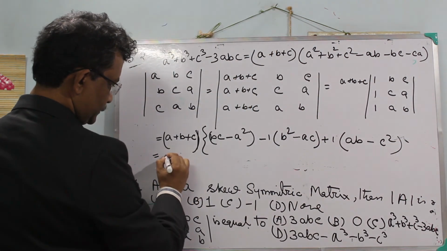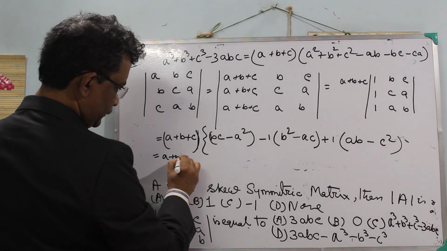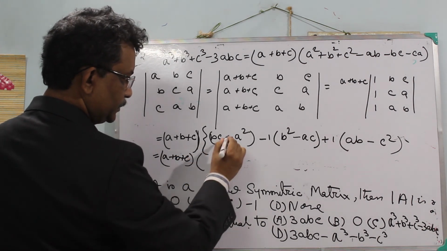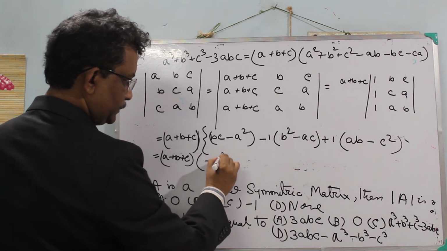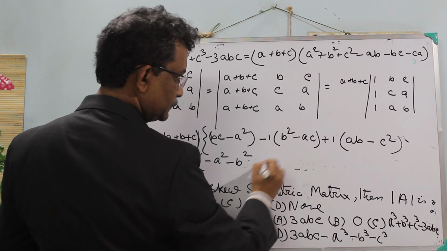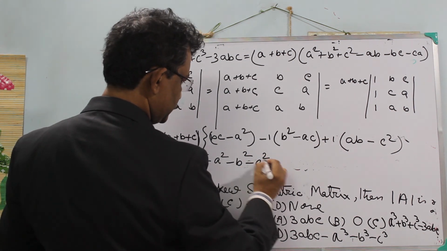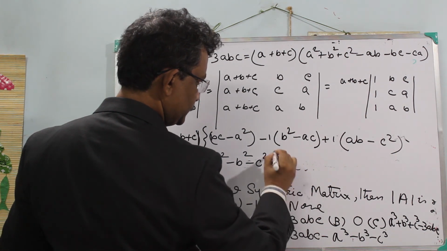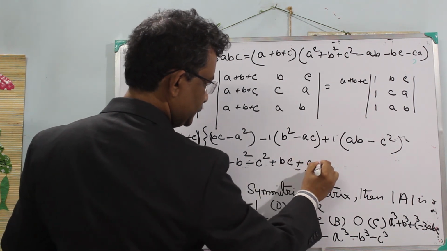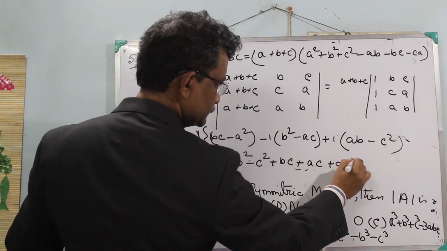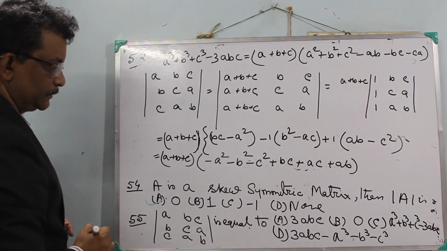So this gives A plus B plus C into (BC minus A square minus B square minus C square plus BC plus AC plus AB). Clear?